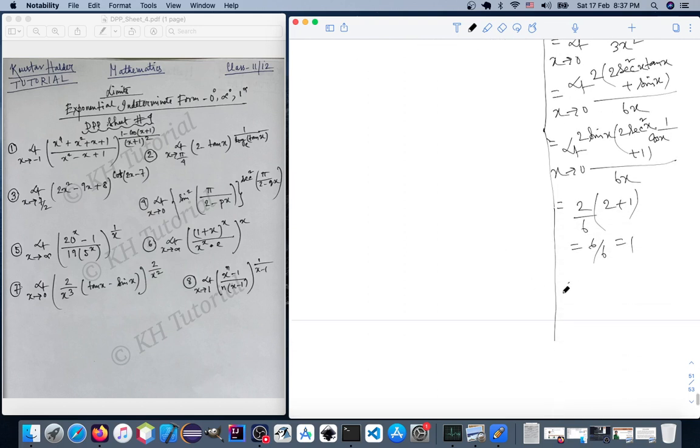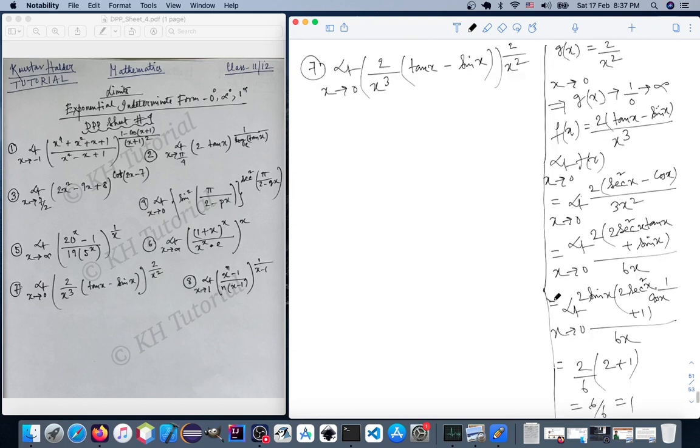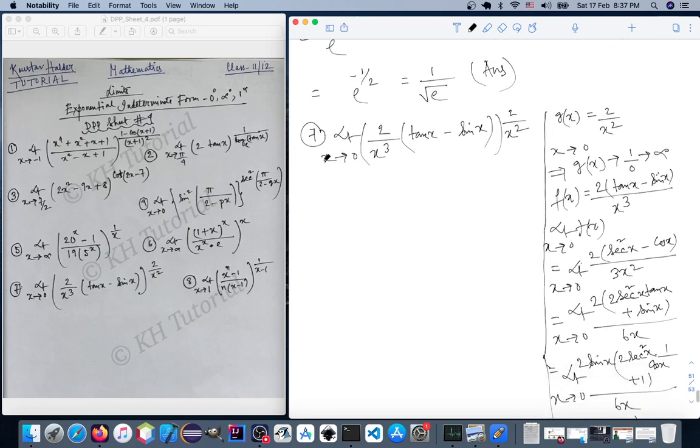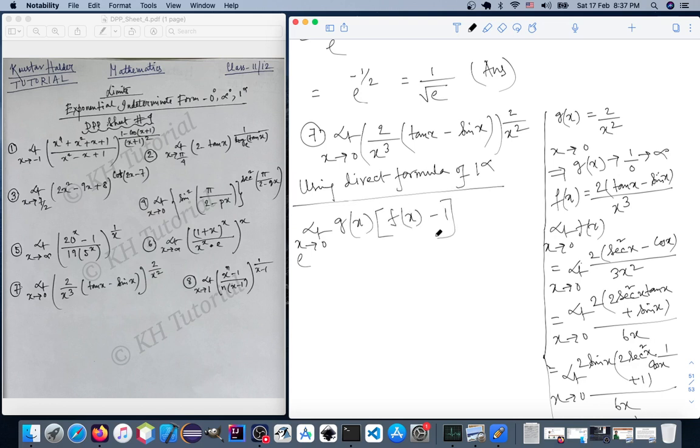So the form becomes 1 to the power infinity form, and using the direct formula of 1 to the power infinity, we get the result as e to the power limit x tending to 0 of g(x) multiplied by (f(x) minus 1).